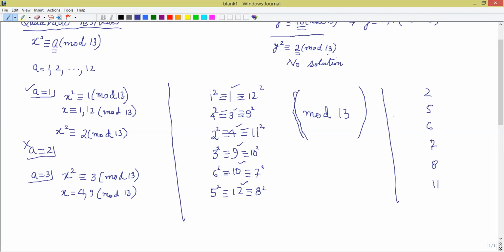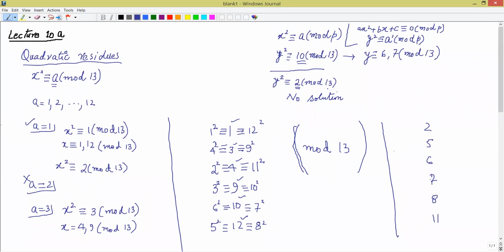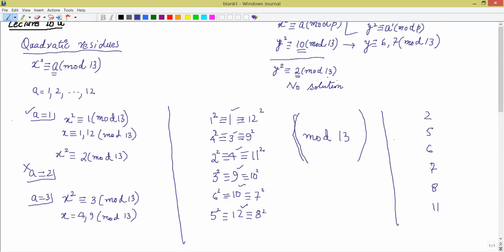So these numbers are non-quadratic residues and those numbers are quadratic residues. If we have a quadratic congruence modulo 13, and A is one of the quadratic residues, then this quadratic congruence is solvable. Otherwise, the quadratic congruence is not solvable. That's the important thing.